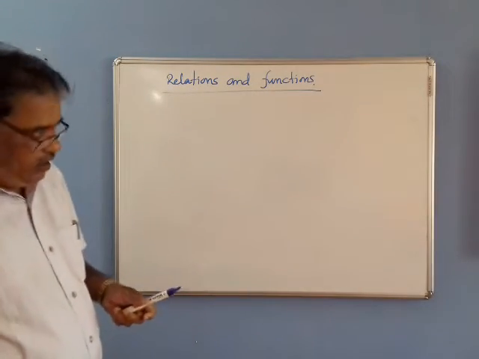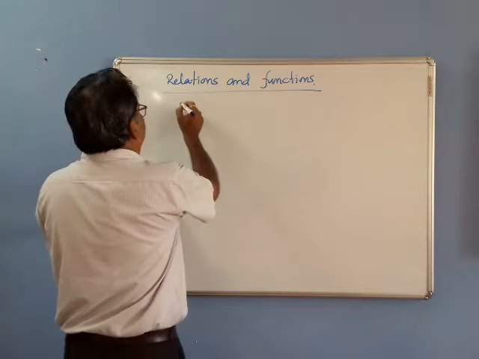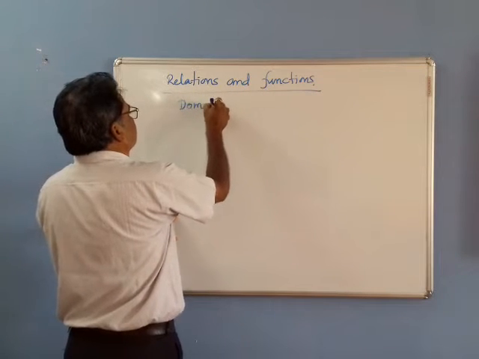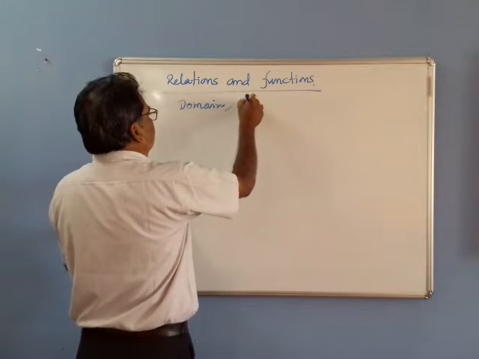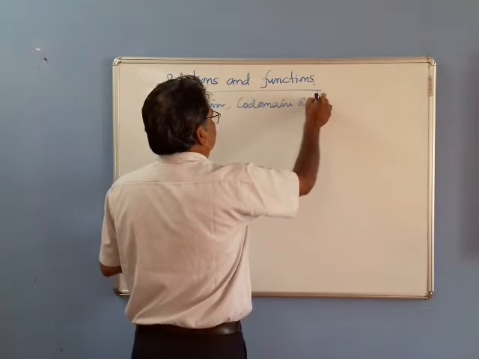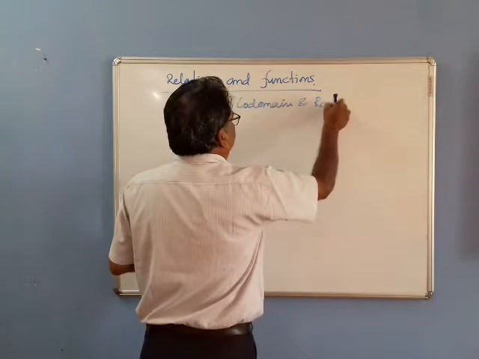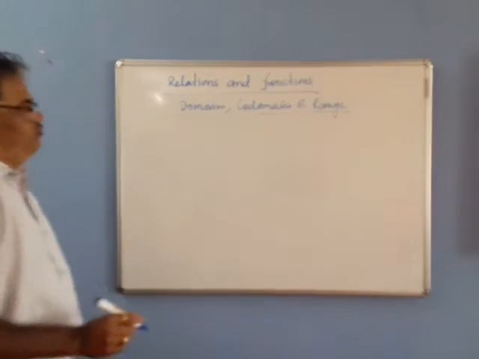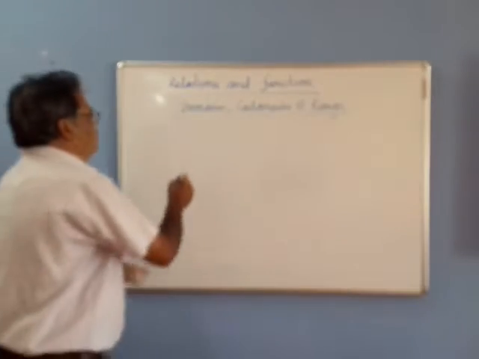Now the other one is domain, codomain and range. We will see a new subtopic: domain, codomain and range. What is domain?